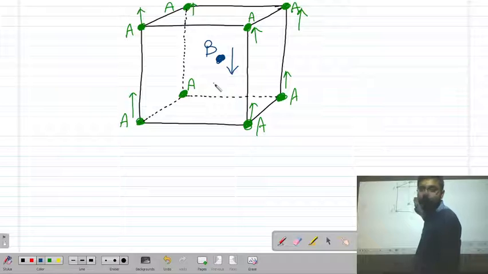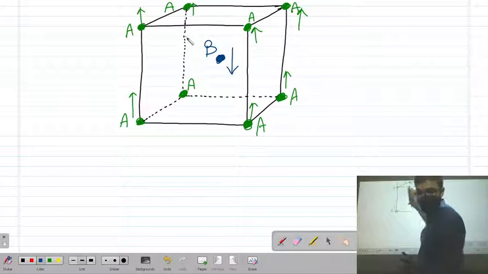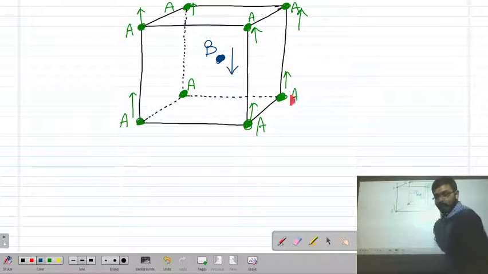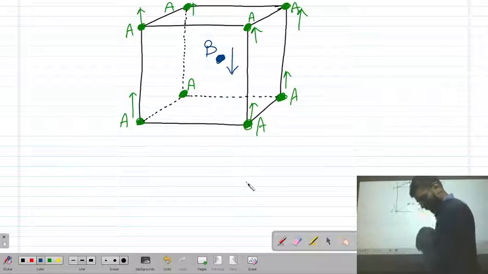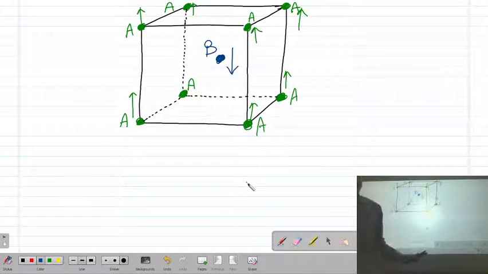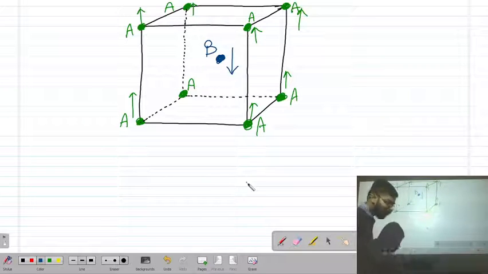In this cube we can only visualize that B atom is being surrounded by A, but in bulk all A's will be surrounded by B and vice versa. So this is the basic structure to understand ferromagnetism, antiferromagnetism.